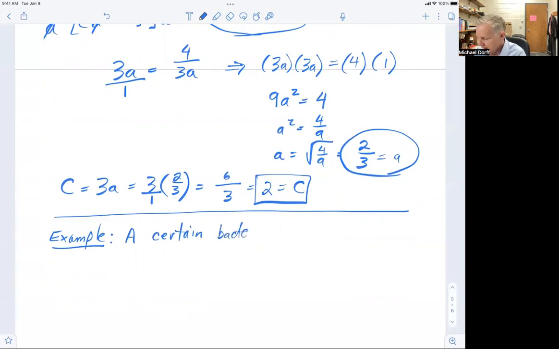So if we have an organism, in this case it's going to be a bacteria. So a certain bacteria population doubles every 3 hours.